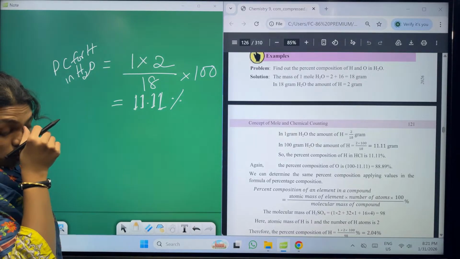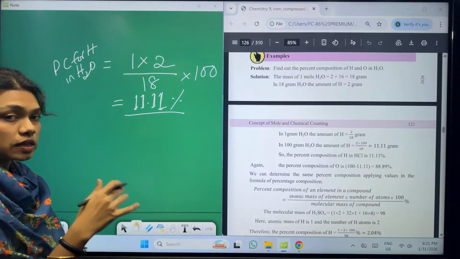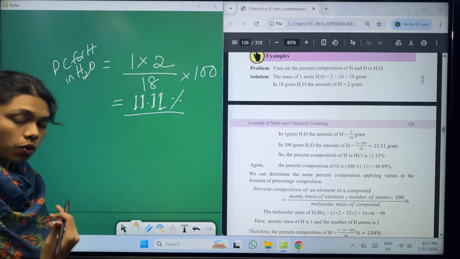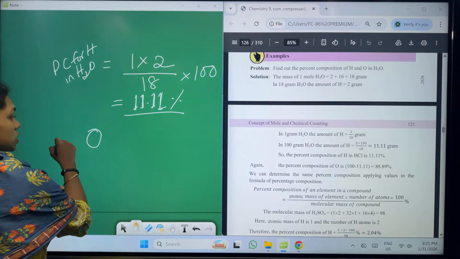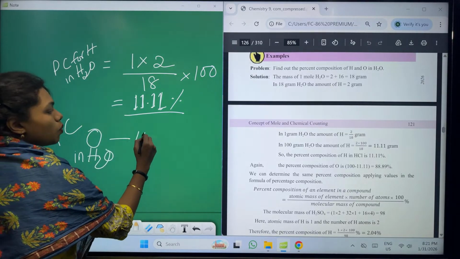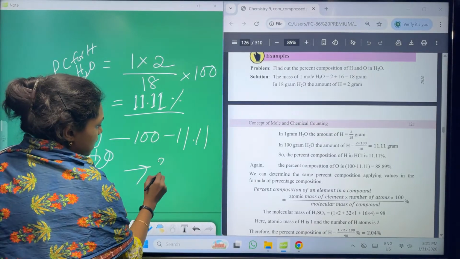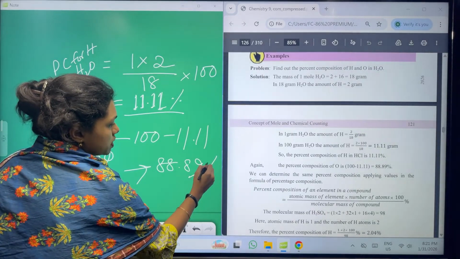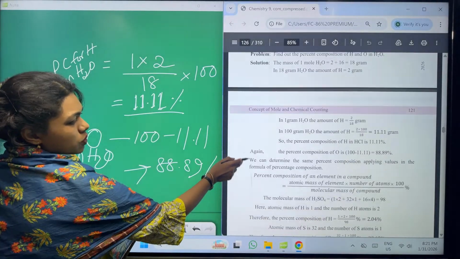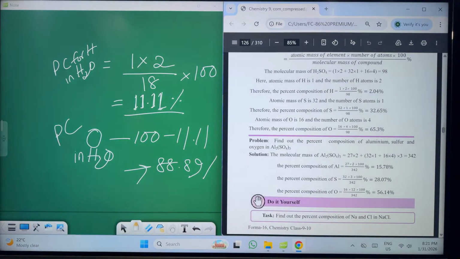If the percentage composition of hydrogen in water is 11.11, the percentage composition for oxygen in the same compound, H2O, must be 100 minus 11.11, or 88.89%. Oh, they have done this math actually, and they have similar values like us.